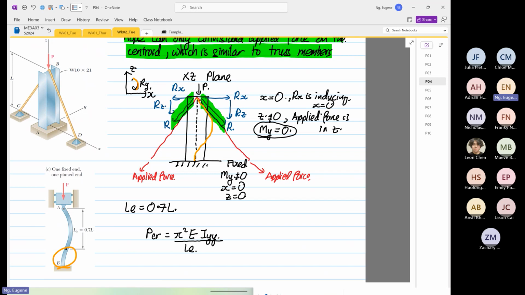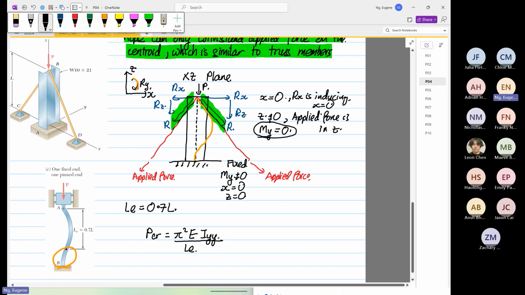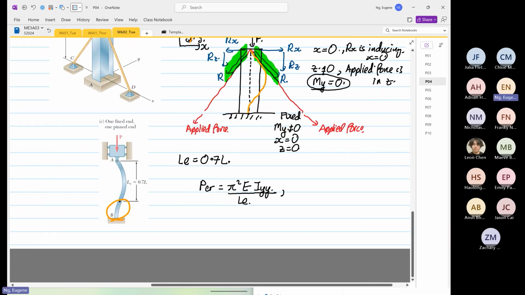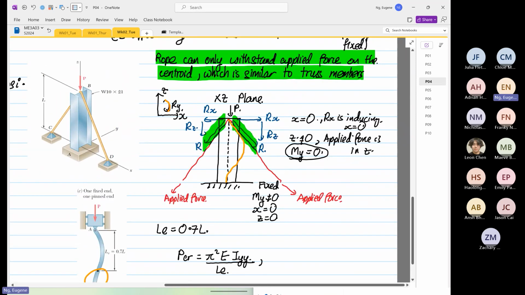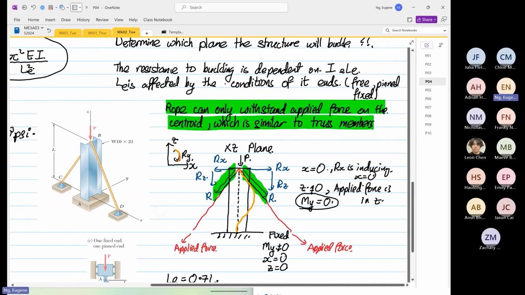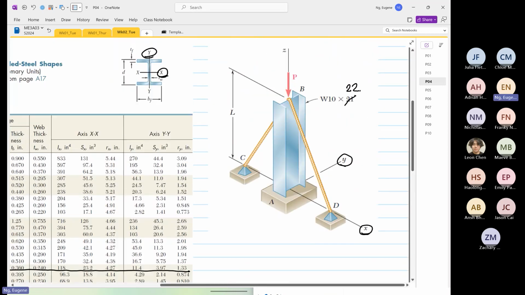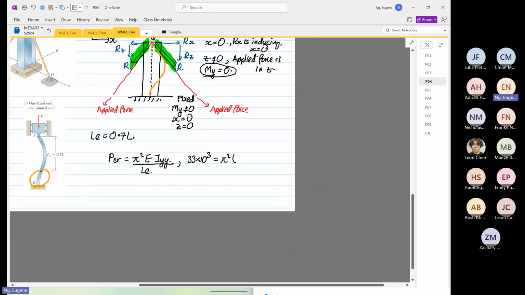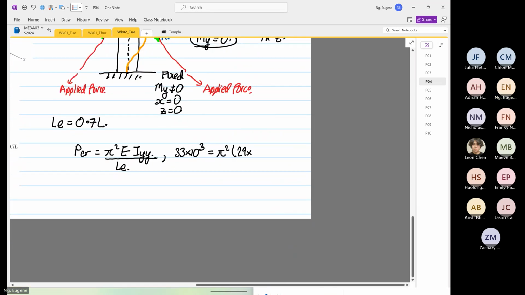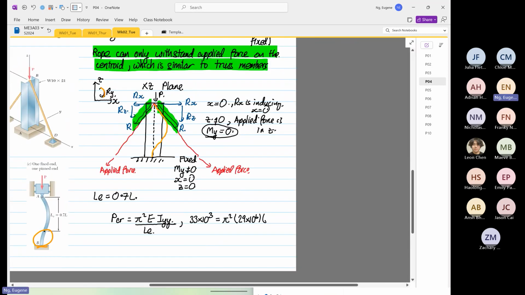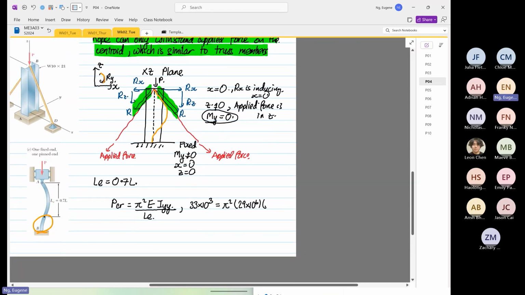Okay, so now once we have all this information, we know that our P critical we calculated is equal to 33 times 10 to the power 3. And then this will be equal to pi squared, Young's modulus given to us is, if I'm not wrong, 29 times 10 to the power 6. Then we know it's Iyy, so Iyy is 11.4.